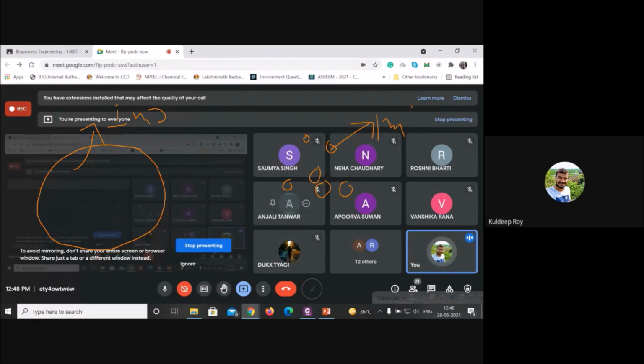Can someone tell where the higher mass transfer will be? Which one gives the higher mass transfer, the bigger ball or the smaller balls with the same volume?